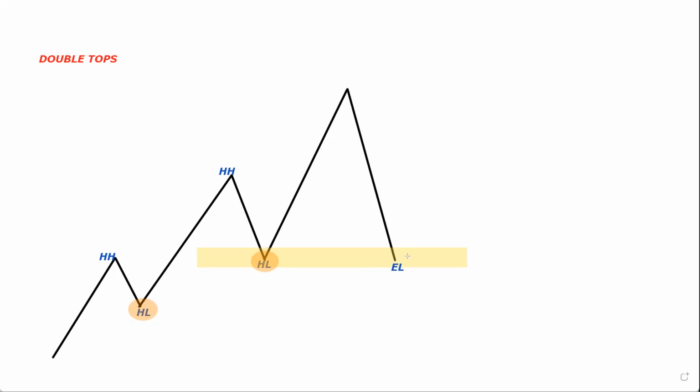This market can go either way. In this area right now, it can go either down or up. It's an equal low, so we don't know what's going to happen.